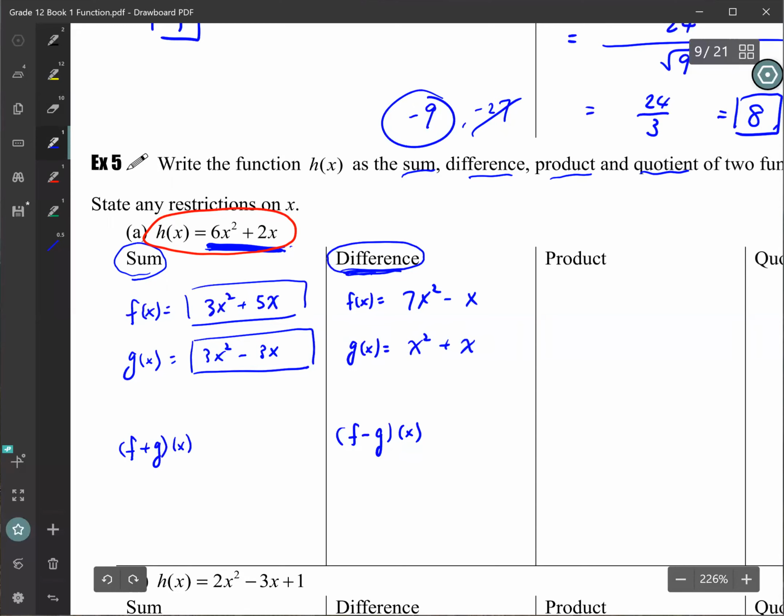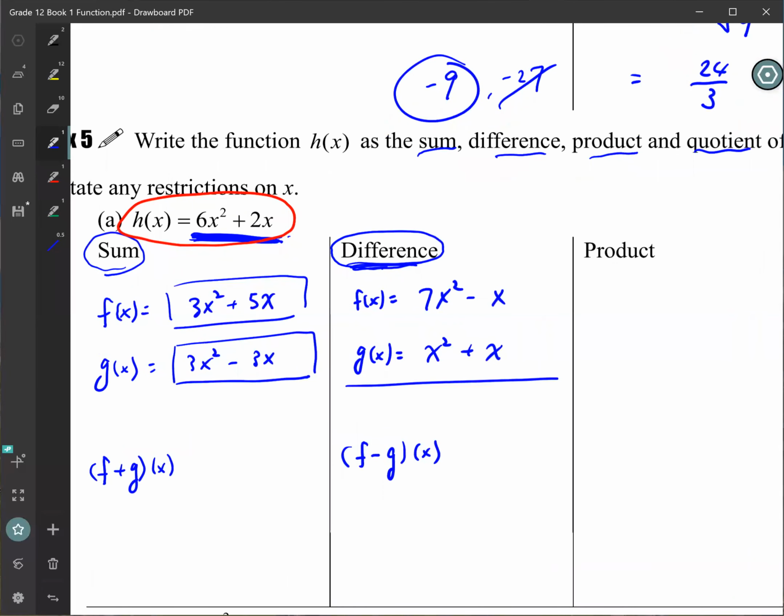Plus x, okay, so let's see if it works. Now we want to subtract, right? You are doing f minus g, right? Yeah. Okay, so 7x squared minus 1x squared will be 6x squared. That works. The next one, negative x minus x. What's that? Oh, shoot. Okay, so the second part doesn't work.